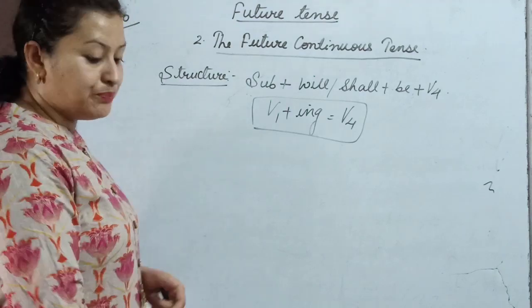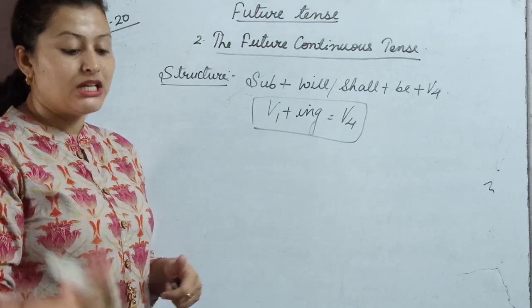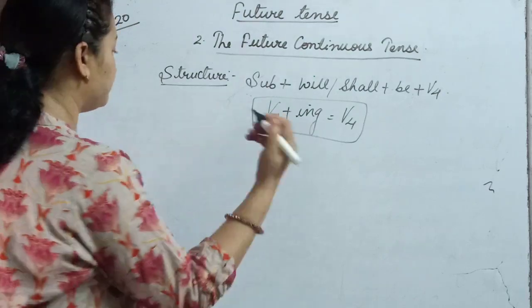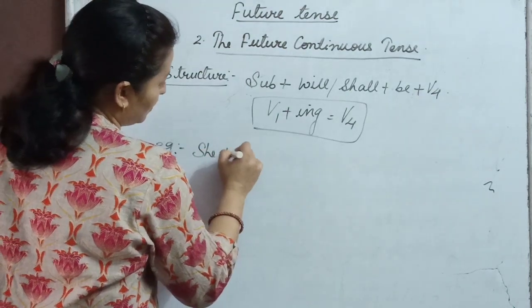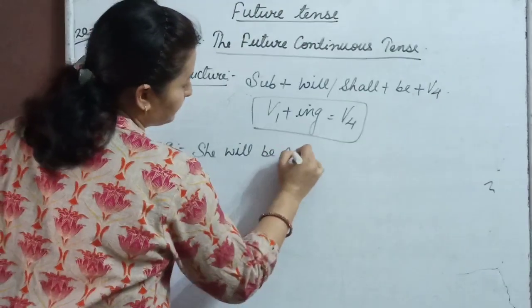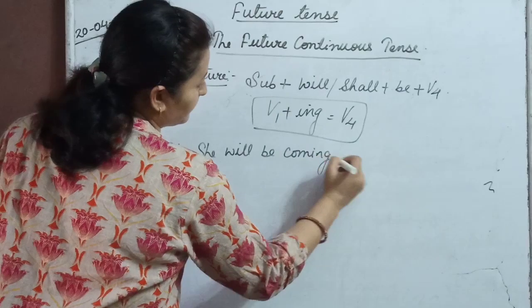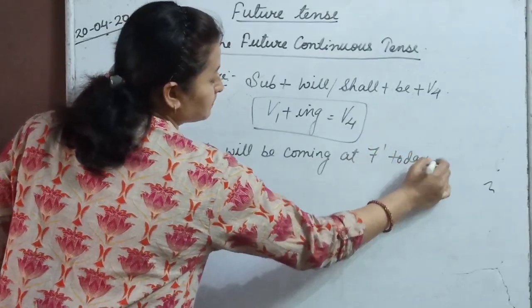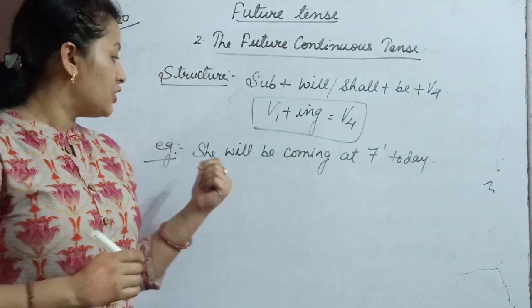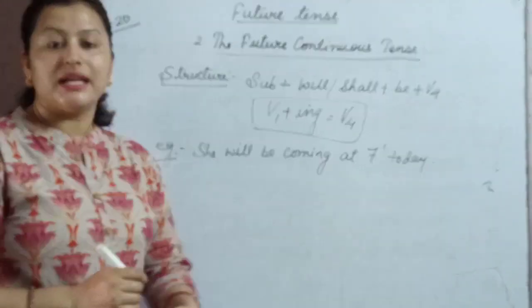Let's take an example. Let's say, she will be coming at 7 today. Okay, she will be coming at 7 today.